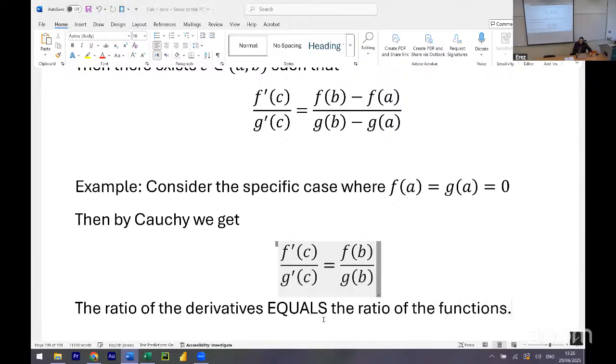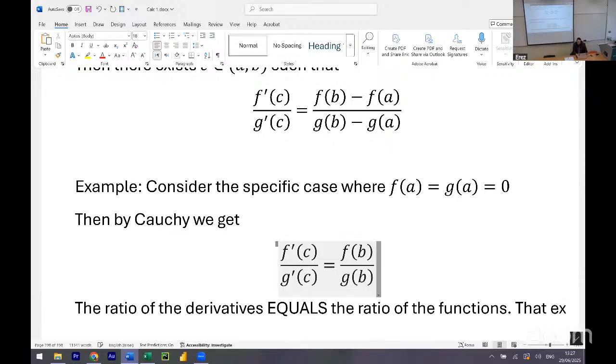Who can help me? What is this rule? When do we replace the ratio of the functions by the ratio of the derivatives? In which theorem do we replace the ratio of two functions by the ratio of the derivatives? L'Hopital rule. I was about to say this looks very similar to the theorem.